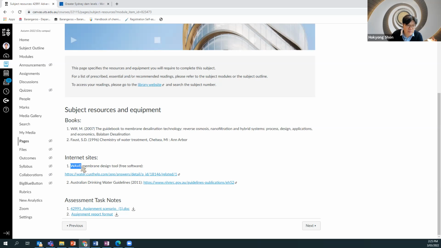The WAVE membrane design tool can be downloaded from this link, so you can install it before you join the class for block 3. And we have the Australian Drinking Water Guidelines. We need to design our water treatment process based on these Australian Drinking Water Guidelines.